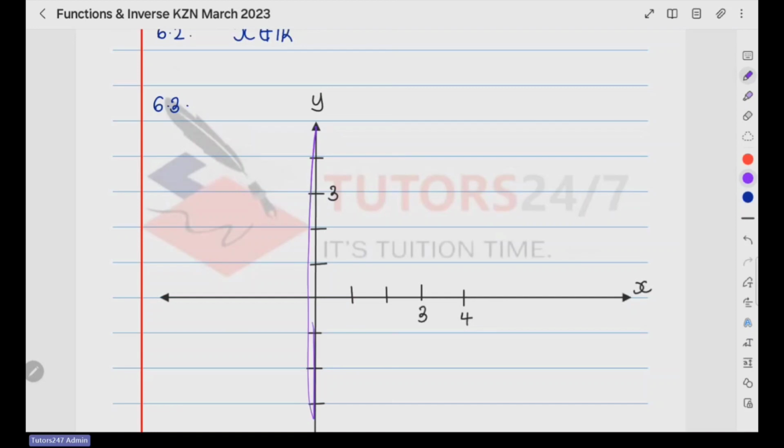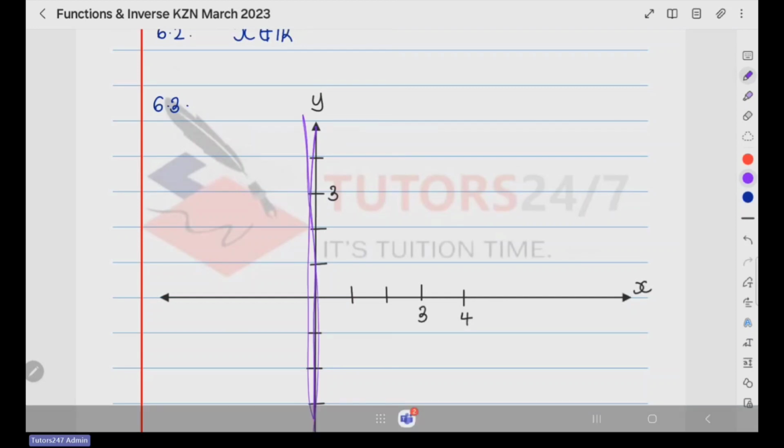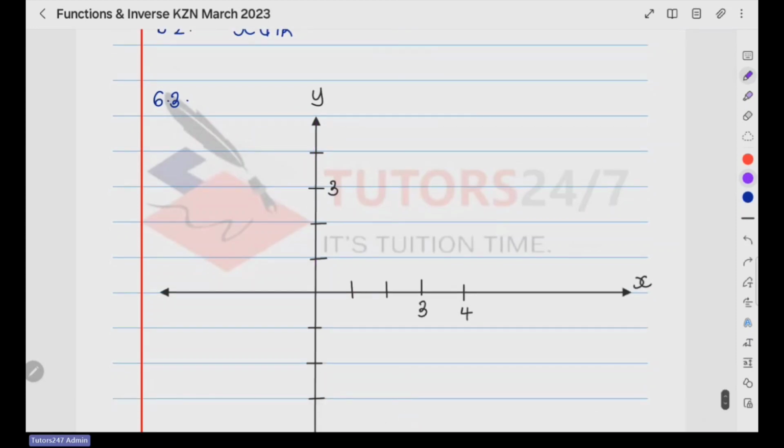So this is the line x is equal to 0. Our function is not going to pass that line. In addition to that, we have the coordinate (3 3/8; 3). Now, we know that 3 3/8 is between 3 and 4, and 3 is over here. So our point is going to be about here.